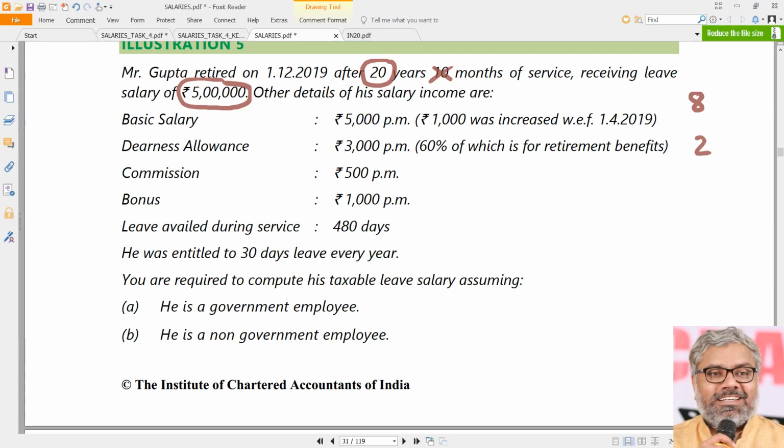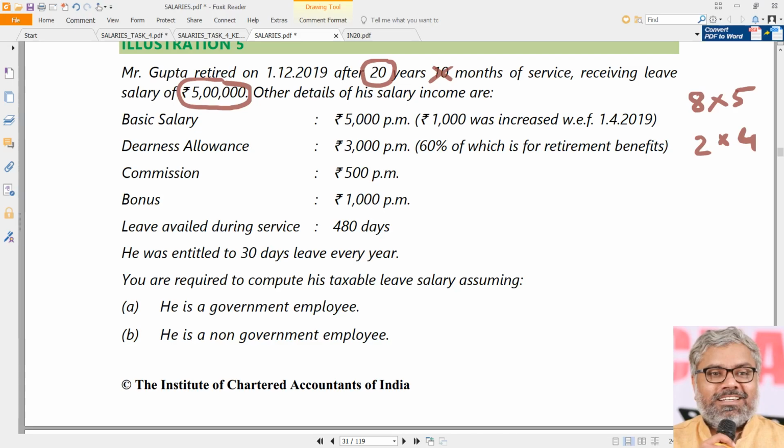If you read it like that, then for a period of 8 months he would have received 5,000 rupees as basic salary, and for the 2 months earlier he would have received 4,000 rupees. Let us call it 5K and 4K. So 8 months into 5,000, 2 months into 4,000 is what we are interpreting from this information.